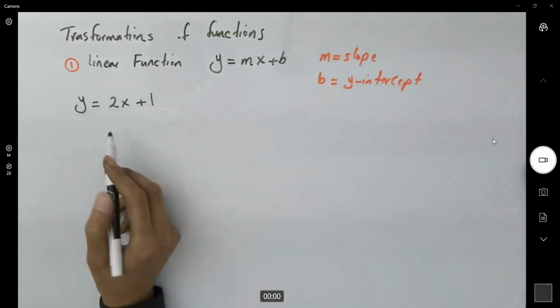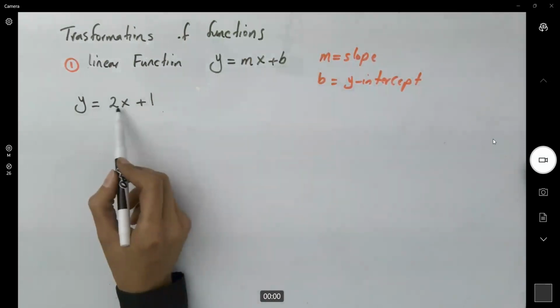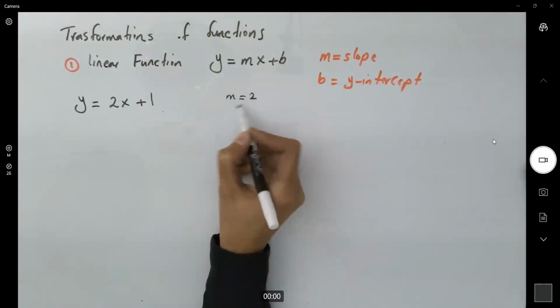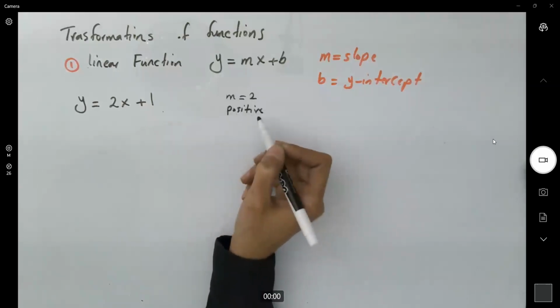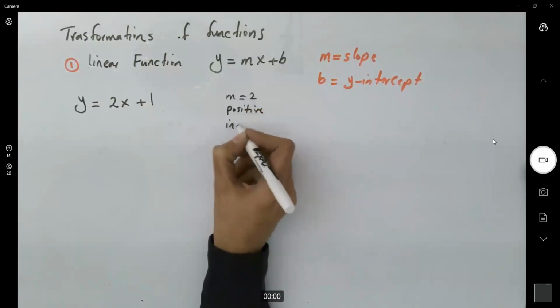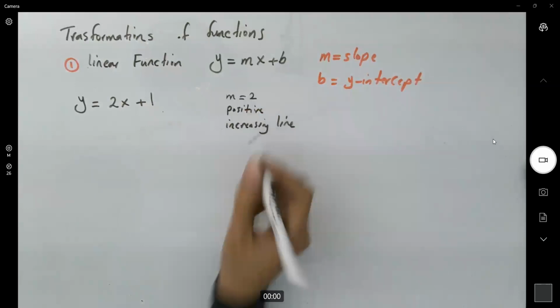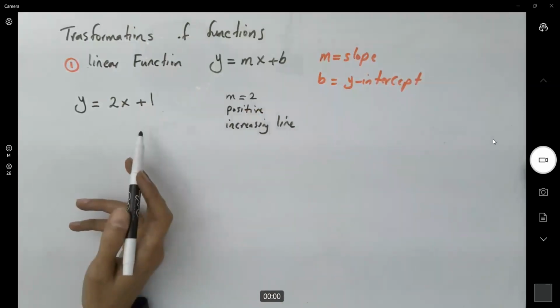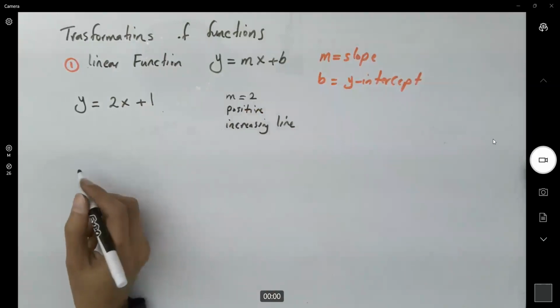The question you can ask is, what is the slope? The number that is multiplied by x is 2, so you have a positive slope. It means that the line is increasing. You can find the x-intercept and y-intercept of this line as well.